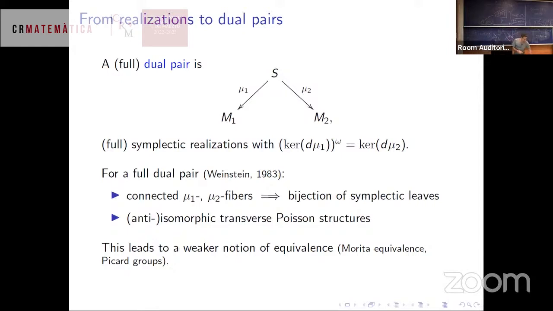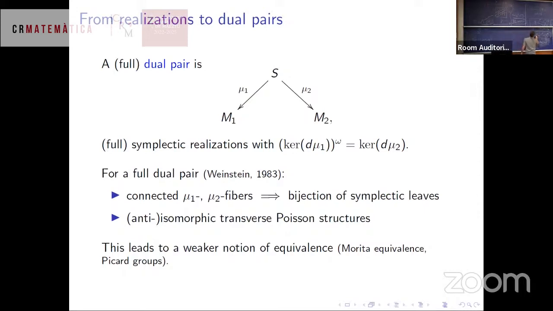Good. And again, a prototypical example of these dual pairs, one of the motivations for Weinstein, really came from the theory of Hamiltonian actions. So whenever you have a Hamiltonian action, then you have a diagram like this.